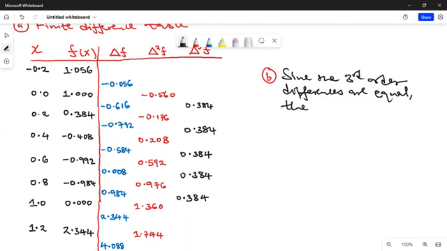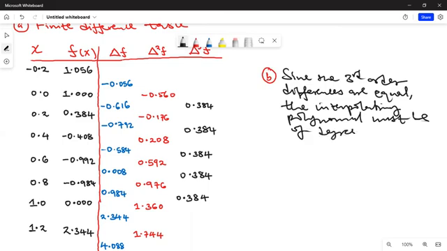So you write the interpolating polynomial must be of degree 3, because we have a constant figure at the third order differences.